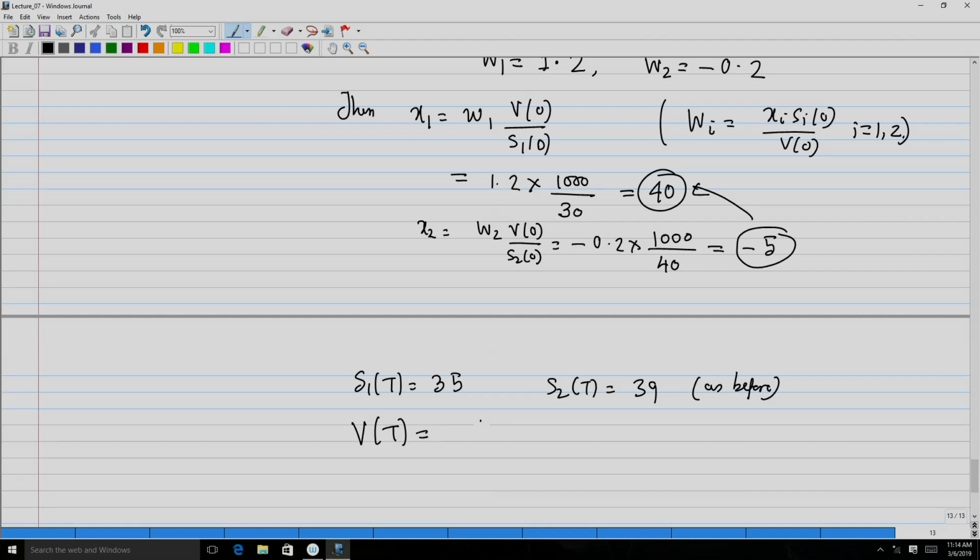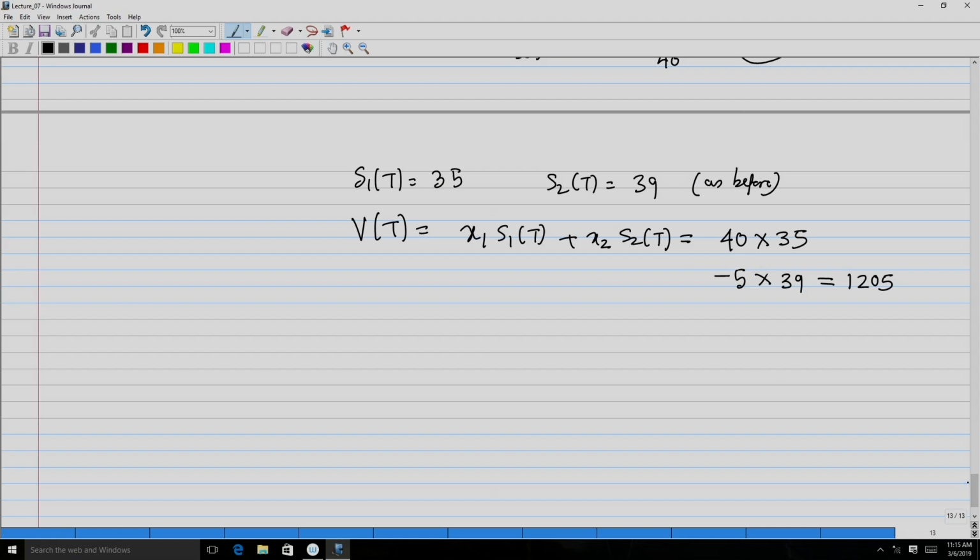The value of the portfolio V of t is going to be x1 S1 of t plus x2 S2 of t. Remember x1 is 40 and x2 is minus 5, so 40 into the current price 35 and minus 5 into the current price of 39, and this turns out to be equal to 1205.